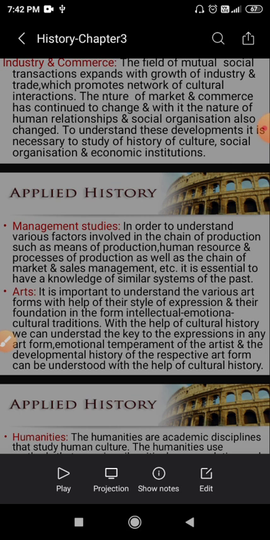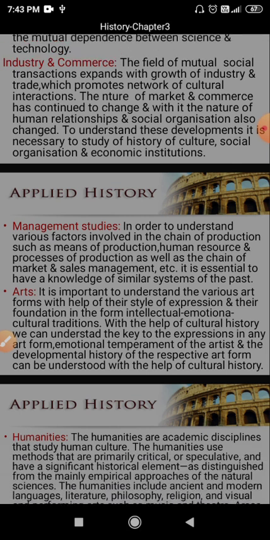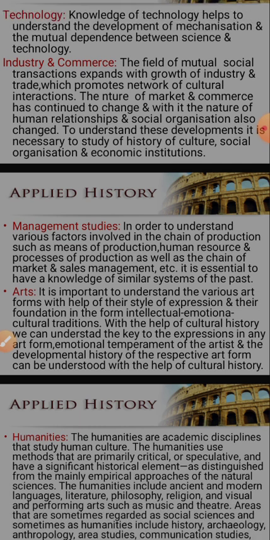I mean to say there is monetary transaction. Now the barter system is totally waived off. We have transactions in terms of money. So there is monetary transaction between countries and within the countries also.